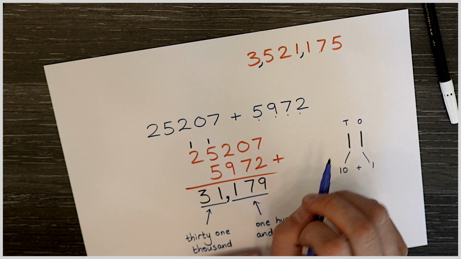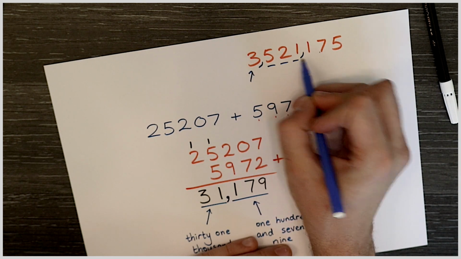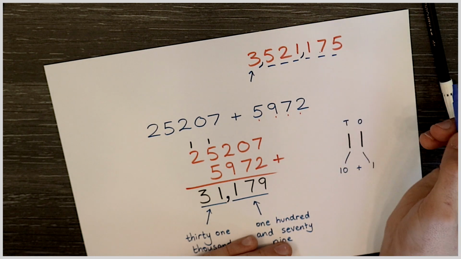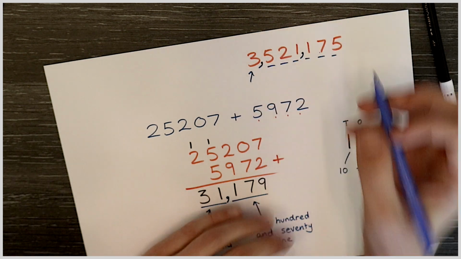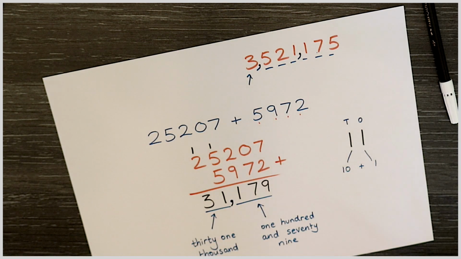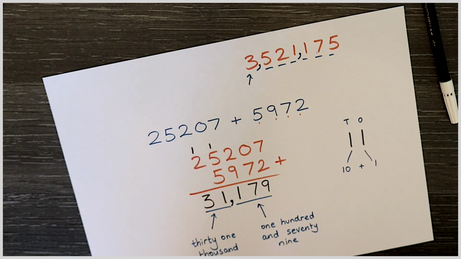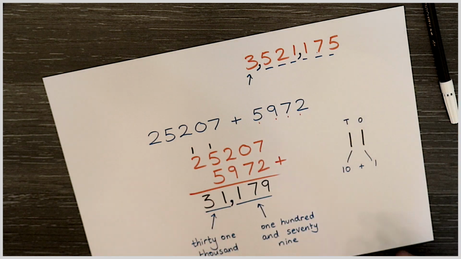This will help us now read it. 3,521,175. So you're breaking it down into little chunks, and the commas really help you to read that number much quicker, because you already know when you're going to stop and finish each value, so to speak. So you've got your millions, your thousands, and your hundreds.